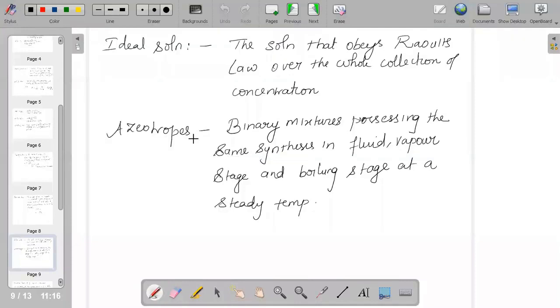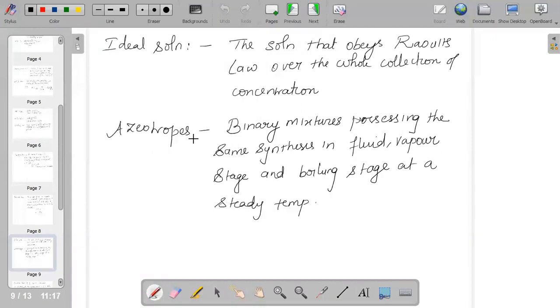And one concept we have is azeotropes. What are azeotropes? Azeotropes are binary mixtures which possess the same composition in liquid phase and vapor phase, and boil at a steady temperature.